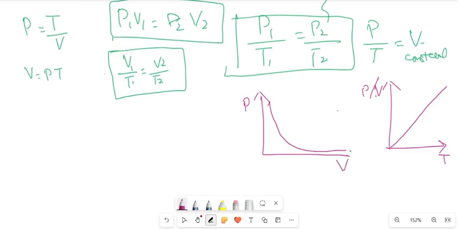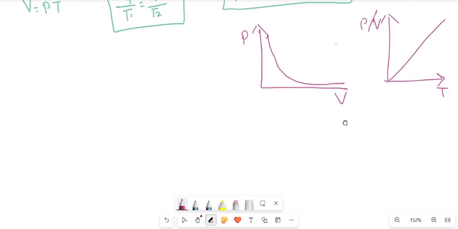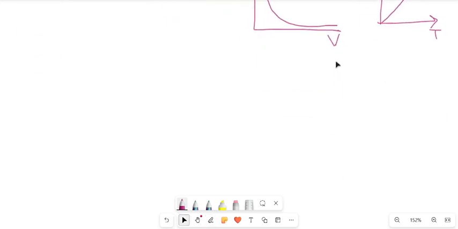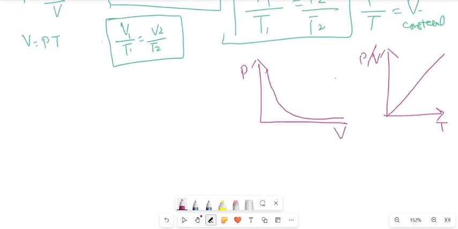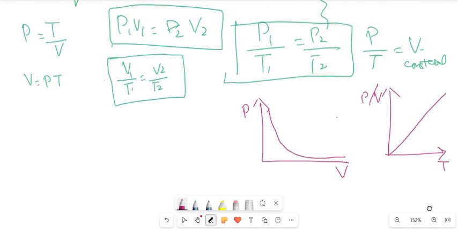Now that we're done with this, let's move on to our next important thing, that is the Boltzmann constant.